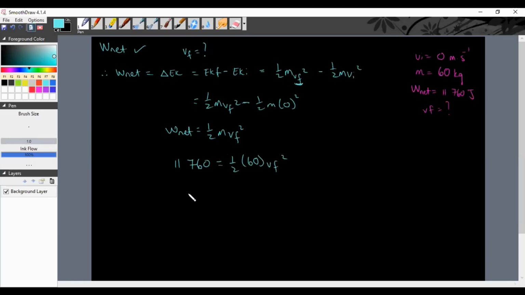All right. I have 11,760 is equal to 30 vf squared. What I need to do to get vf on its own is divide by 30. What I do to the one side, I must do to the other. Okay, that 30 and 30 cancel.